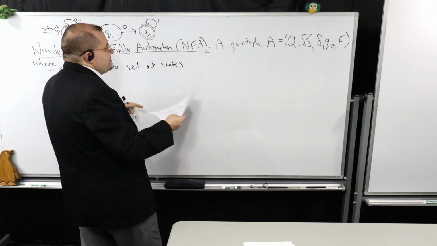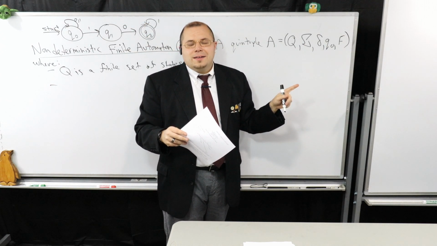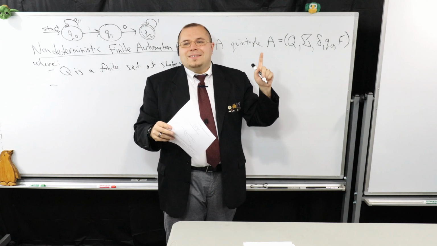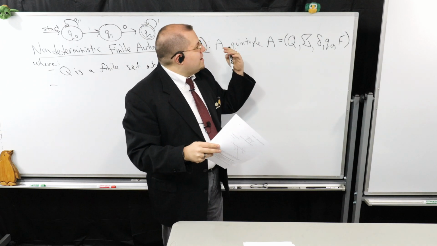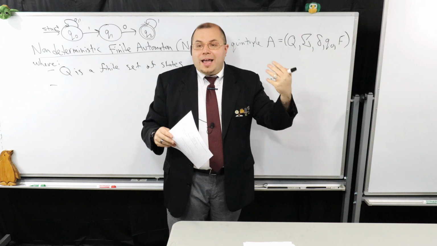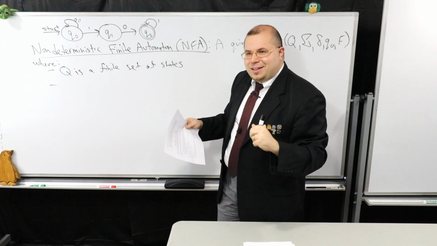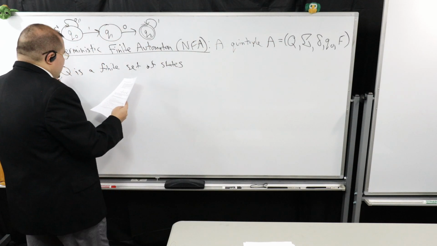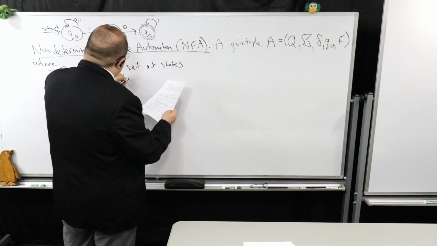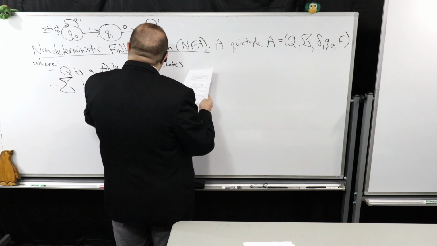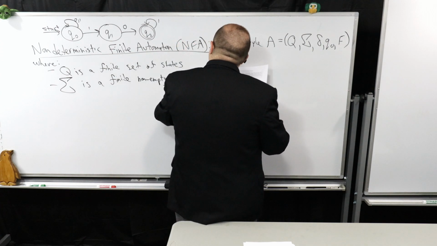Can somebody tell me what's sigma here? What is this called? The set of, starts with an I? Somebody tell me. Well, this would be the alphabet for the language you want to recognize, but we call this the set of input symbols for the machine. But you're thinking the right thing. Excellent. So sigma is a finite non-empty set of input symbols.